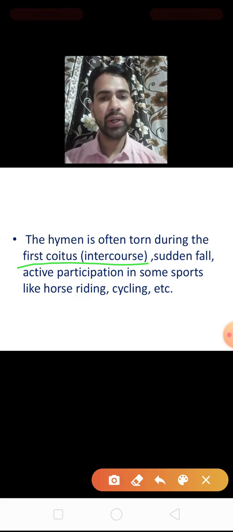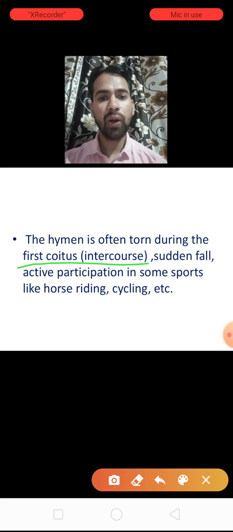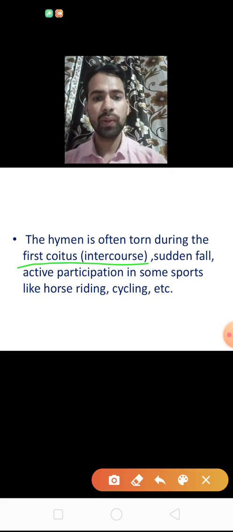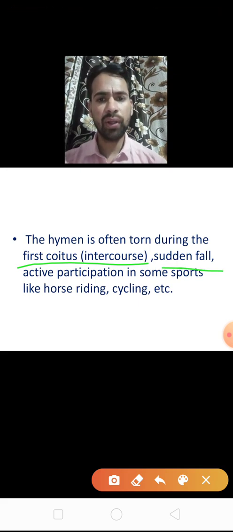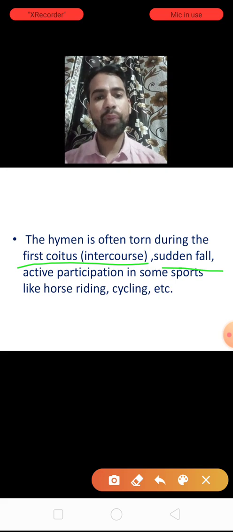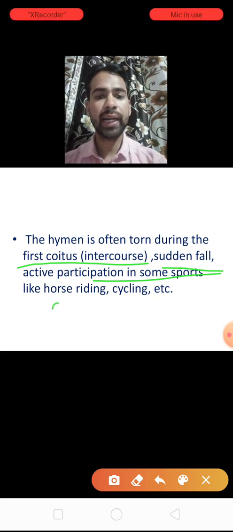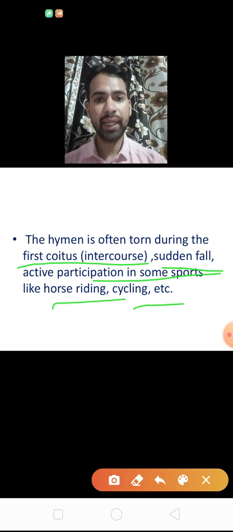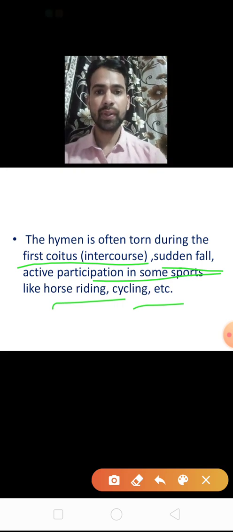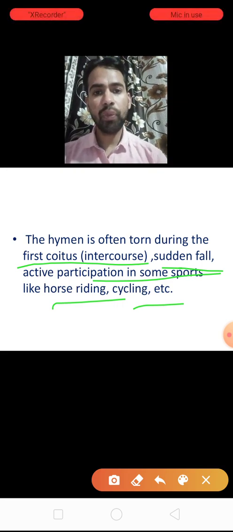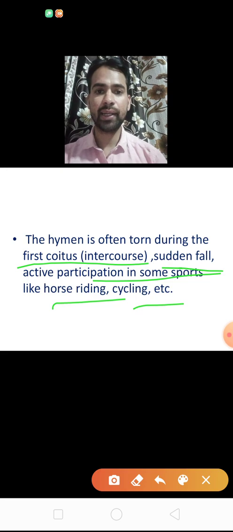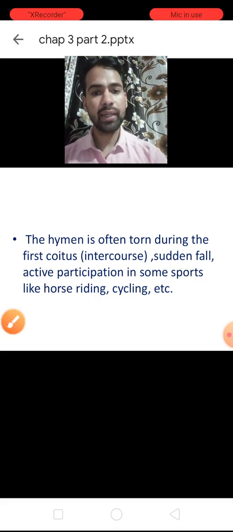It can also tear due to a sudden fall or active participation in some sports like horse riding and cycling. So that is the opening of the vagina, and the membrane is called the hymen. Clear?